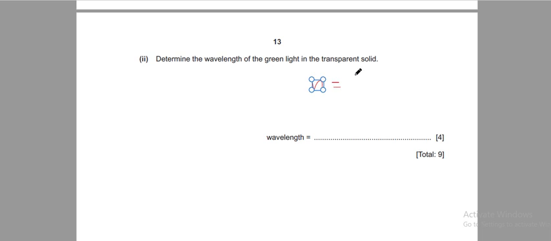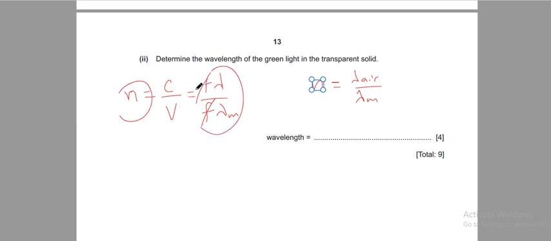Determine the wavelength of green light in the transparent solid. Again, n is equal to lambda air over lambda medium, because as you know, n is speed of light in vacuum or air over speed in medium, and any speed is frequency times lambda. Frequency is the same in both mediums because it is the same source, so lambda will differ. So 1.3 equals lambda in air over lambda medium.